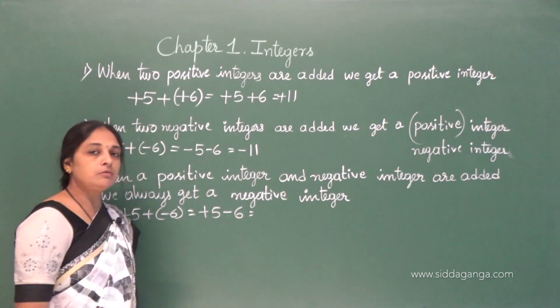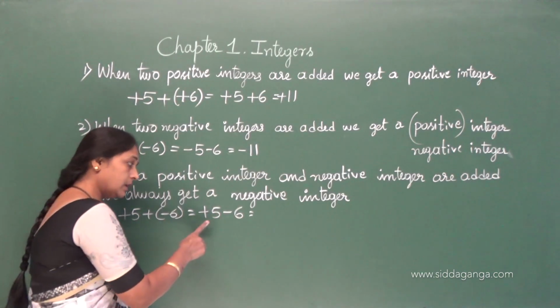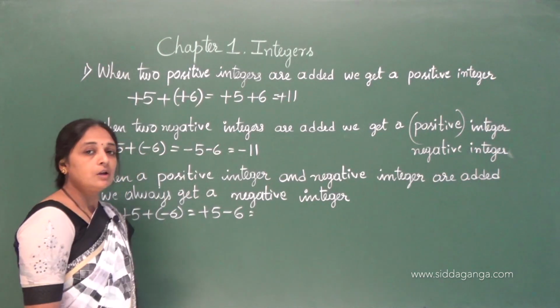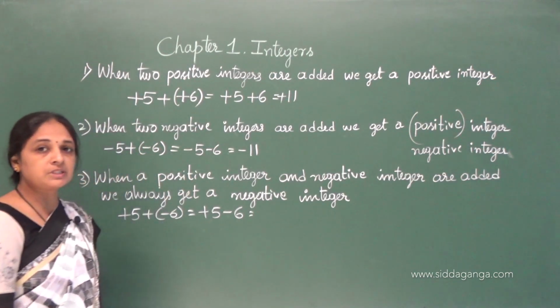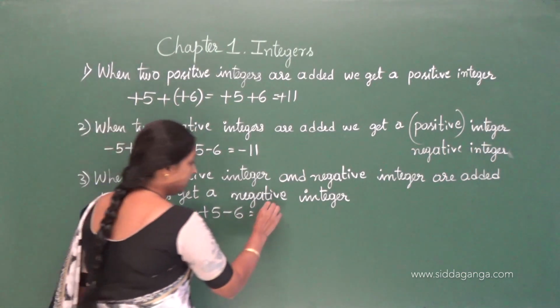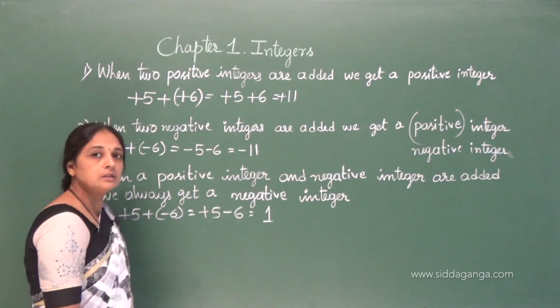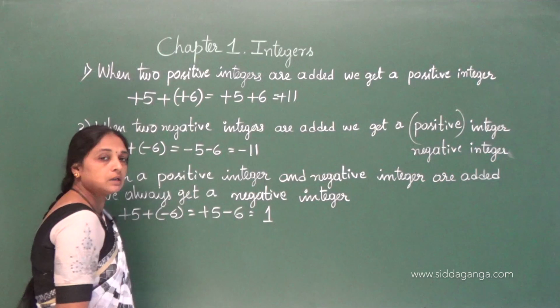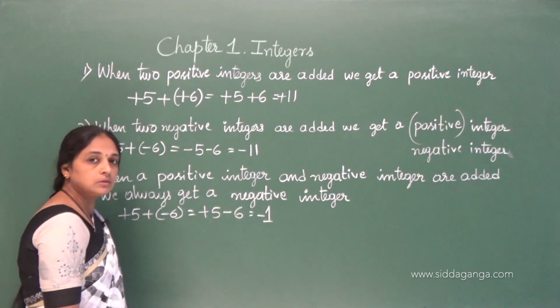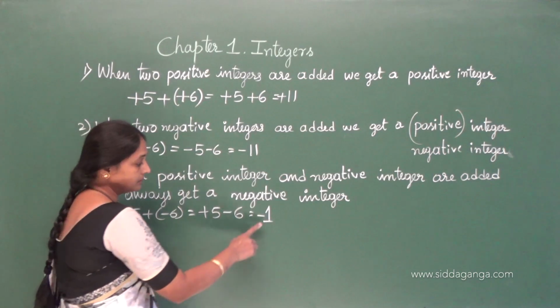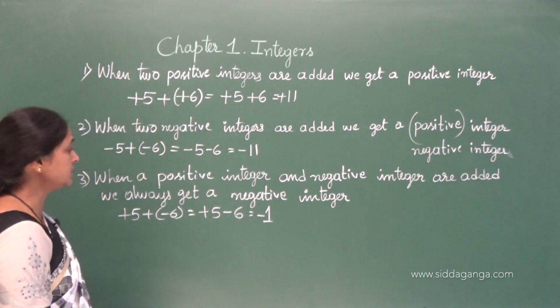From 6 we subtract the 5. When we subtract 5 from 6, we get 1. And for the answer, we put the minus sign, because 6 has the minus sign here. The answer is minus 1.